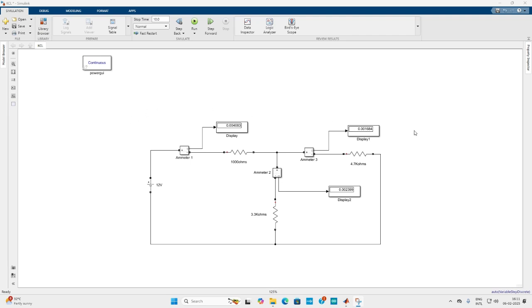This is the circuit diagram for verification of Kirchhoff current law by using simulation. We get the DC voltage source from the library browser. Then the resistance, that is the RLC branch circuit in the library browser; set the branch type as resistor and put in the value by double clicking.